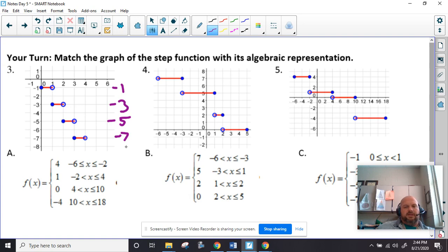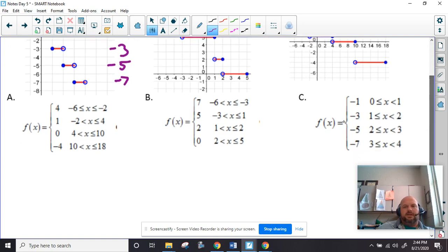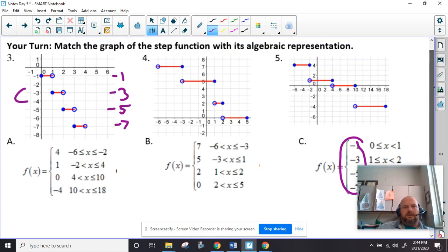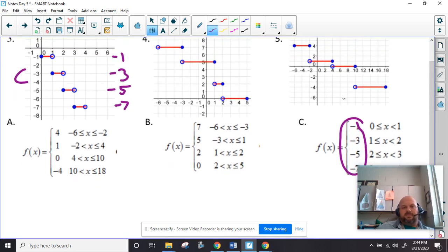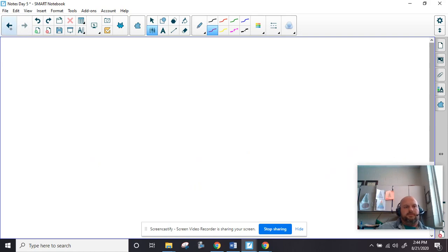So I'm looking for the choice down here that actually has those numbers. This one right here. Okay. C goes with that one. Okay. So now you've got a 50-50 shot of actually getting this one done. All right. So, oh, that one's it.